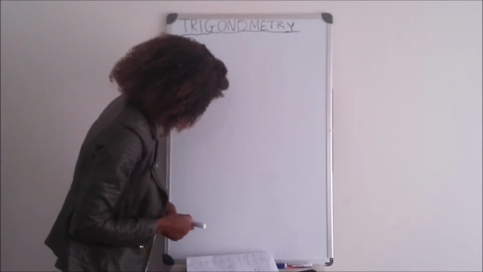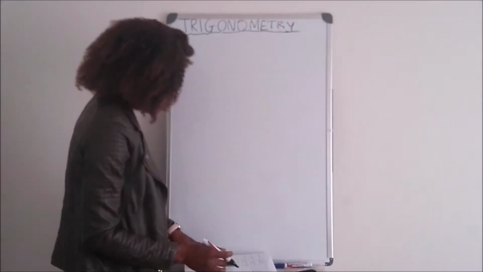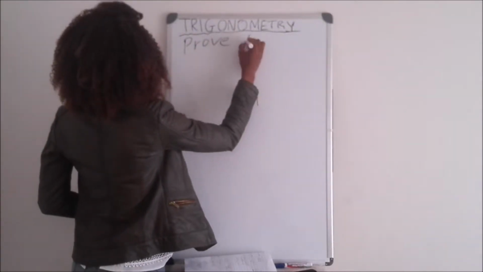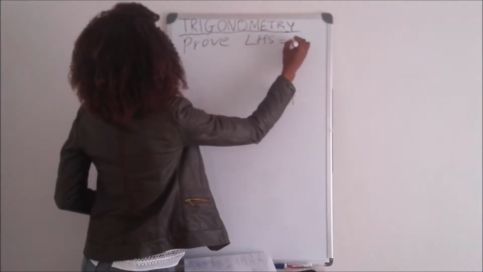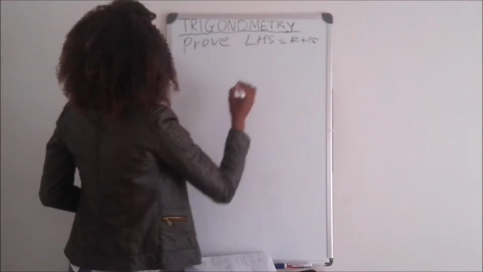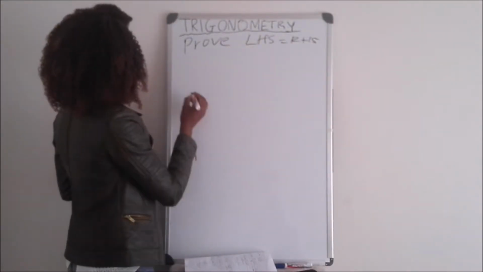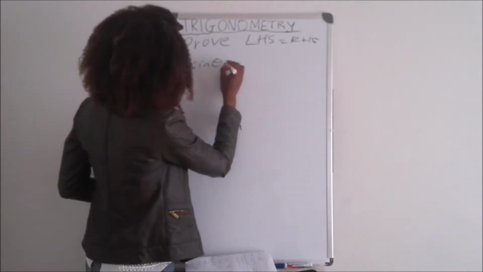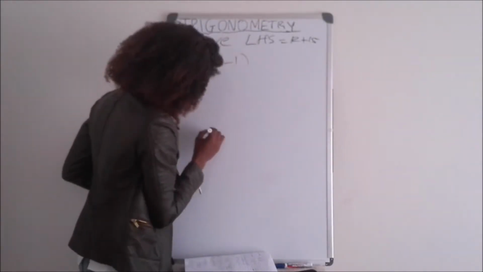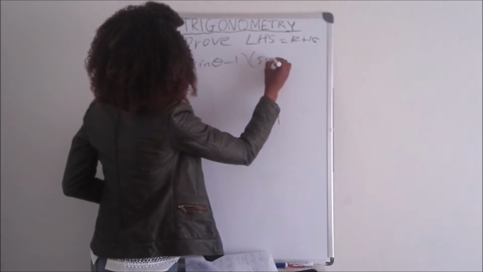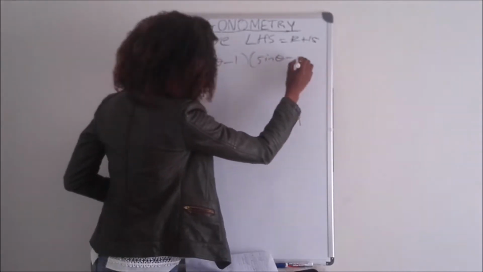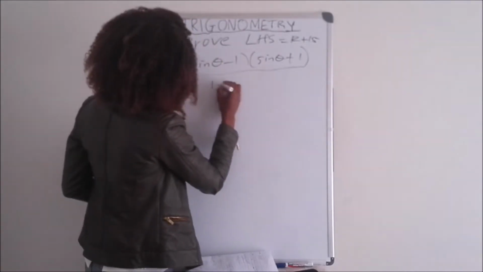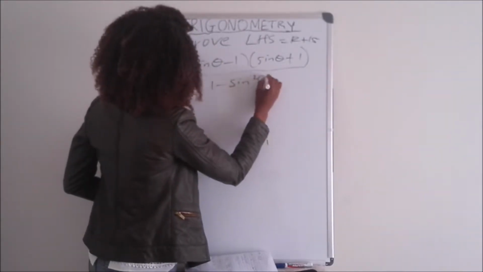Alright, this example says that we must prove that the left-hand side is equal to the right-hand side. On our left-hand side, we are given 2 sin theta minus 1, all in brackets, into sin theta plus 1, divided by 1 minus sin squared theta.